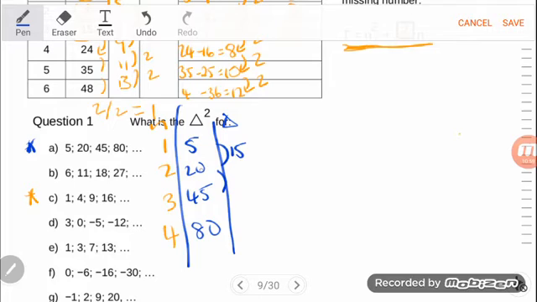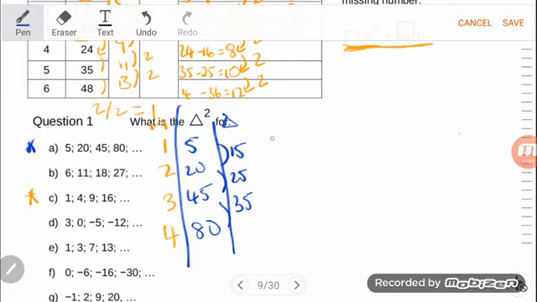Delta. From 20 to 45 we have 25. From 80 to 45 we have 35.